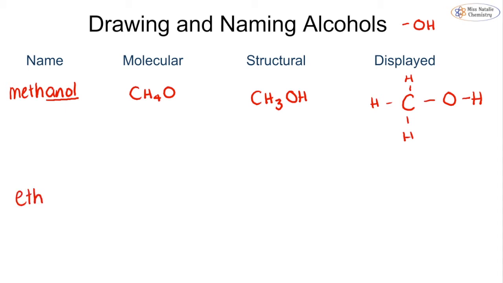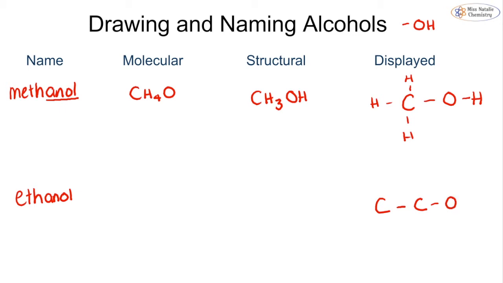Now, this is the one that comes up most commonly in exams, and usually when you're talking about any reactions in an exam, you're going to focus on ethanol. So this is the most important one to be able to draw. So eth we know means 2, so I've got 2 carbons in a row.